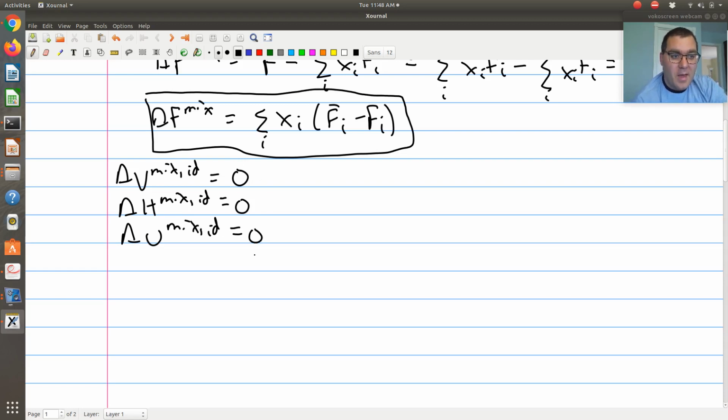If we have an ideal solution in which all of our intermolecular interactions are exactly the same, then it makes sense that delta U of mixing is equal to 0. Delta V of mixing also makes sense. If all of my molecules are interacting in exactly the same way, think about volume or molar volume. In a pure component system, it's the hardcore volume, the space physically occupied by a molecule, plus this buffer region in which no other molecules are present.